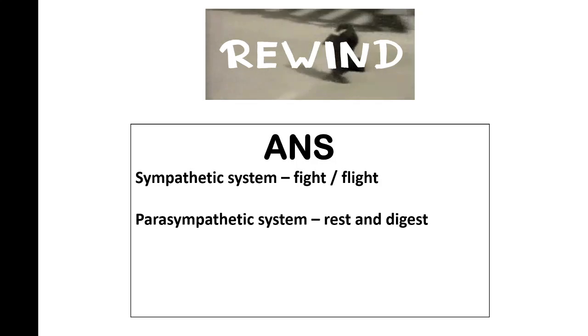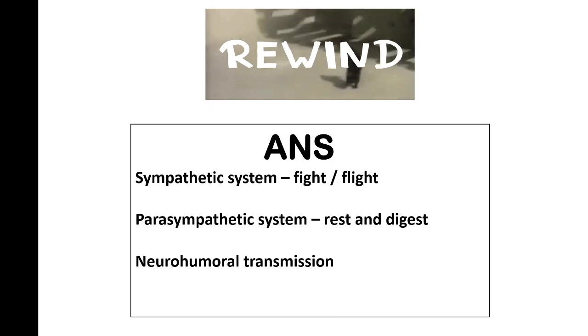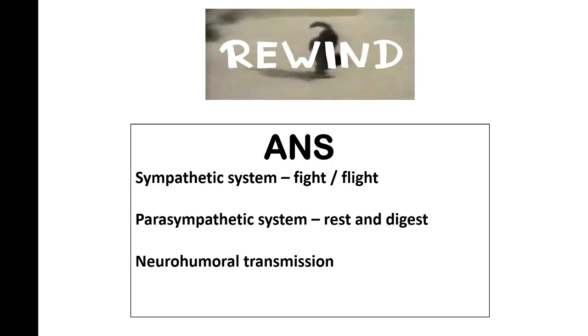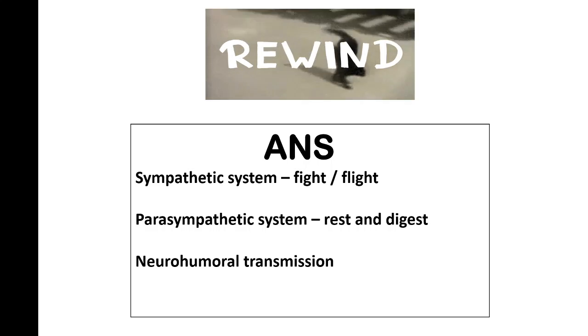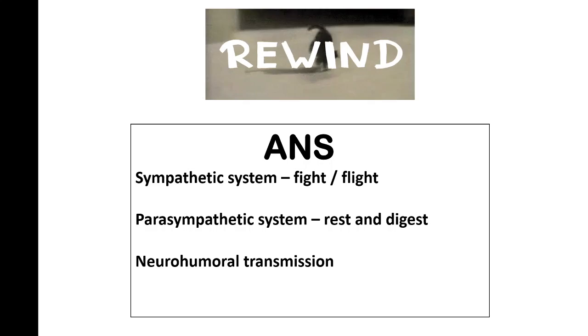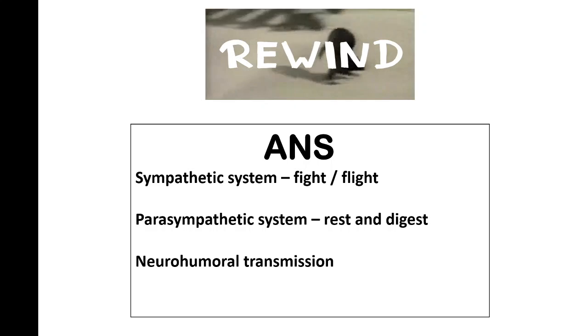So this was all about the introductory part of ANS. We have seen two things: the sympathetic nervous system, fight or flight response; the parasympathetic nervous system, rest and digest. We saw the neurochemical or neurohumoral transmission, which has common steps. First, we have to synthesize the neurotransmitter. In the sympathetic system, there is noradrenaline, synthesized from tyrosine.